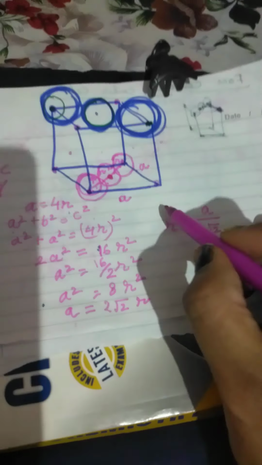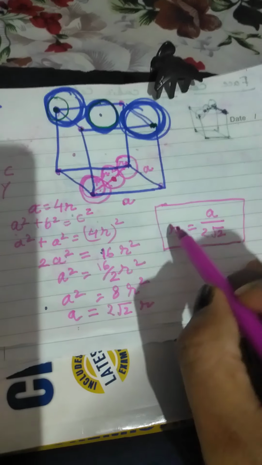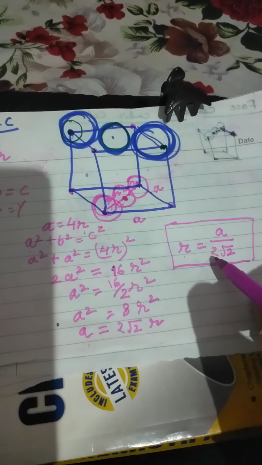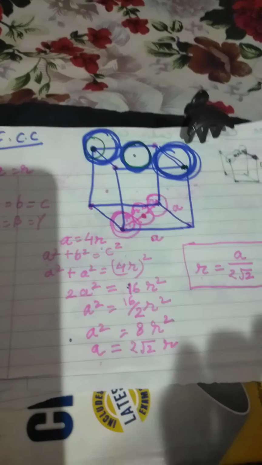So this will be the relationship between radius of an atom of face-centered cubic system with its edge length, that is R equals to A divided by 2 root 2. This is for FCC. Clear?